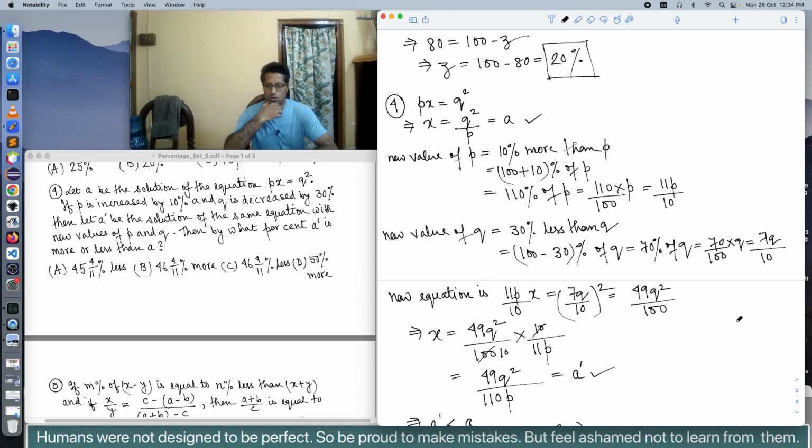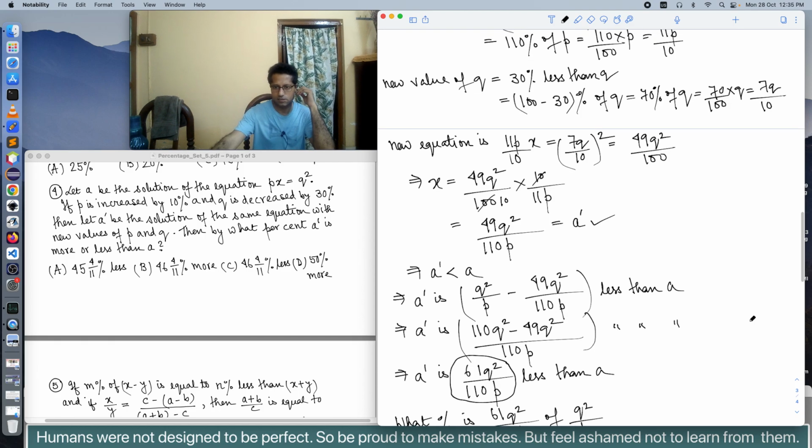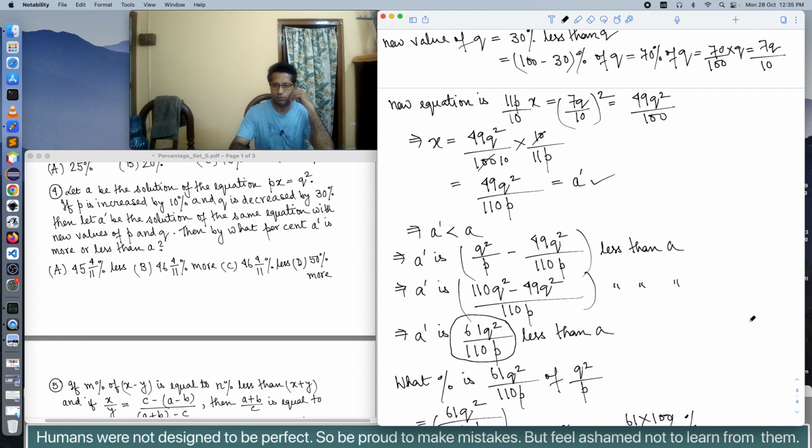Now if we solve, X is equal to 49 Q square by 100 multiplied by 10 by 11P. Cancelling 10 and 100, we get 49 Q square by 110 P, which is equal to A dash. Now definitely A dash is less than A, so we have to find the difference between A and A dash.